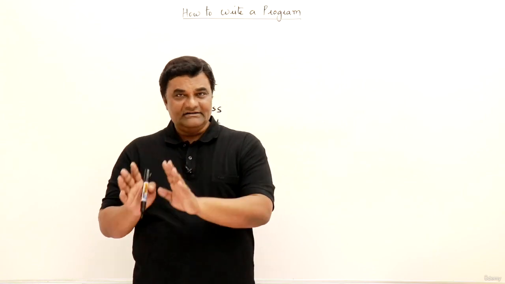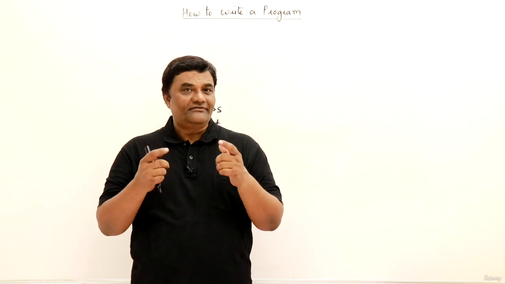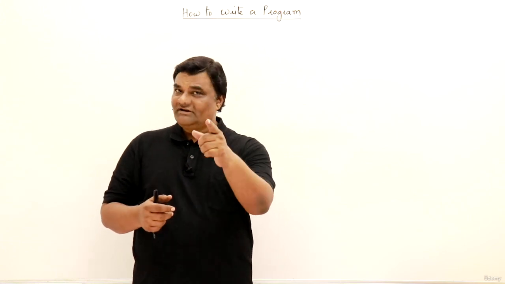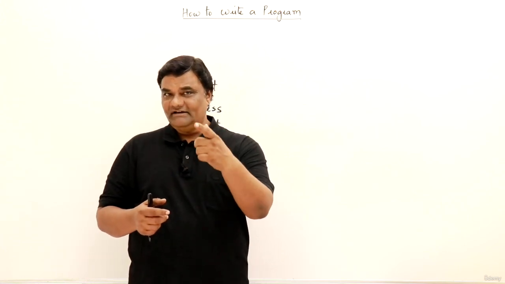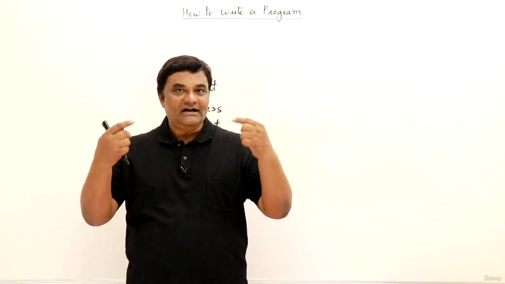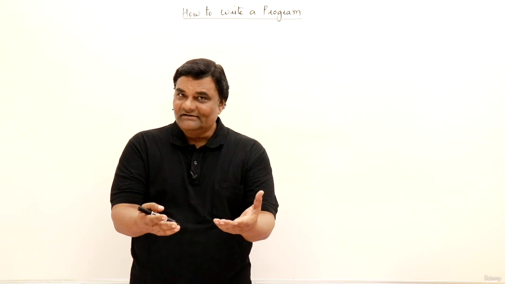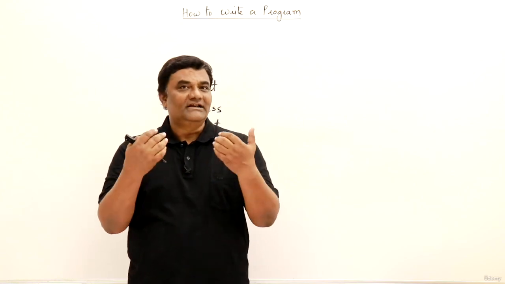Now let us take another example. Suppose I am a program for finding the area of a rectangle. And you are the user, you want me to find the area. So for that, I should know length and breadth. So let us see how I should work. First of all, I should ask you what is the length and what is the breadth. You will give me length and breadth.